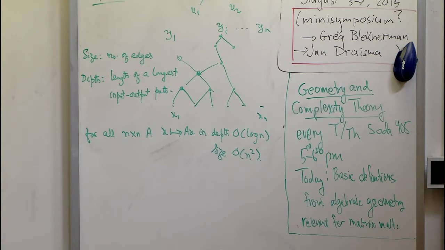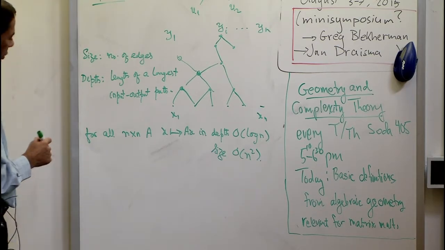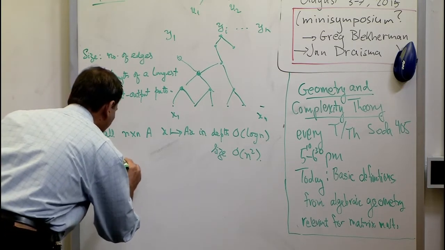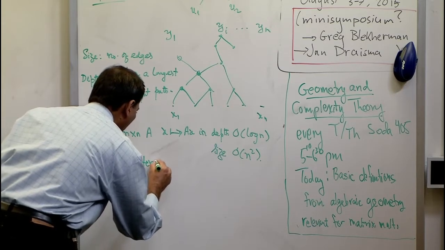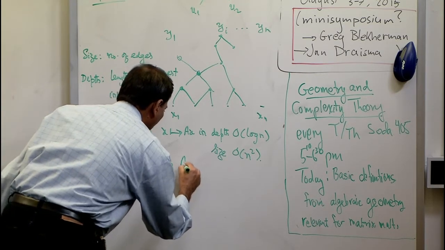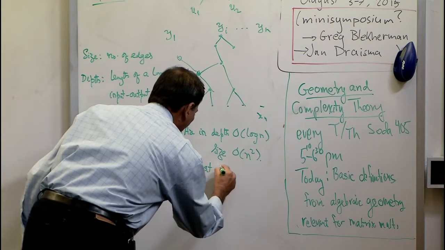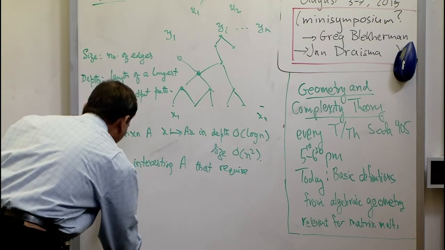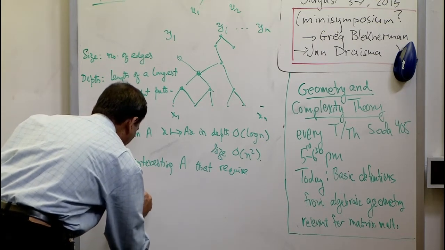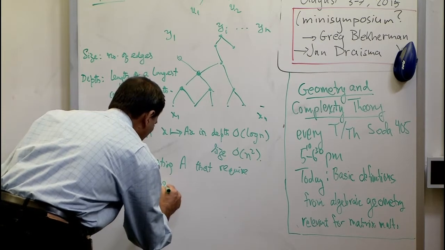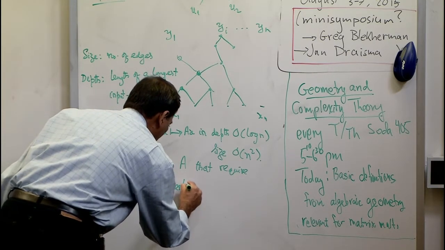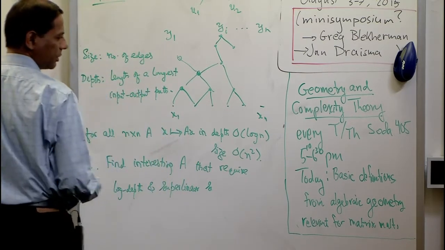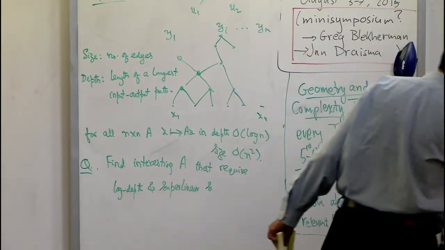And the big complexity question is to find interesting linear transformations A that require logarithmic depth and superlinear size simultaneously, or rather superlinear size. Actually, let me rephrase this so that it's less ambiguous.